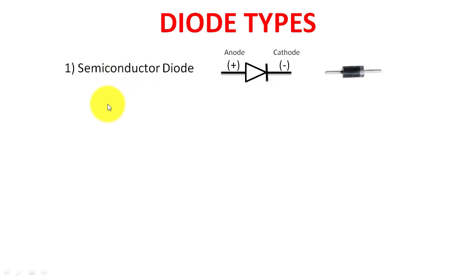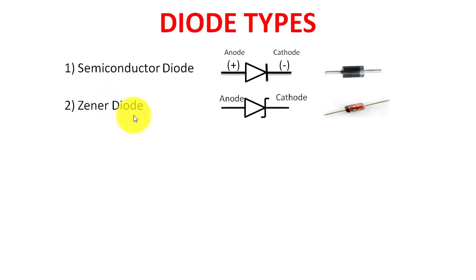Then we will discuss the Zener diode. The Zener diode is also anode to cathode, but there is a difference. The Zener diode produces a fixed voltage.